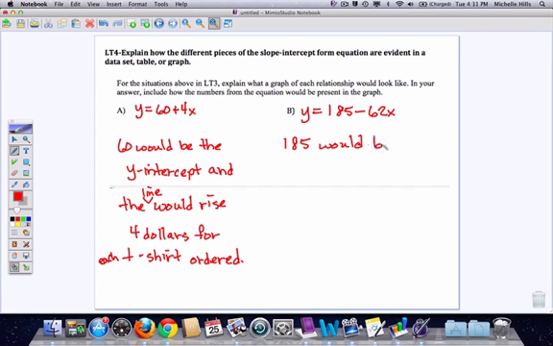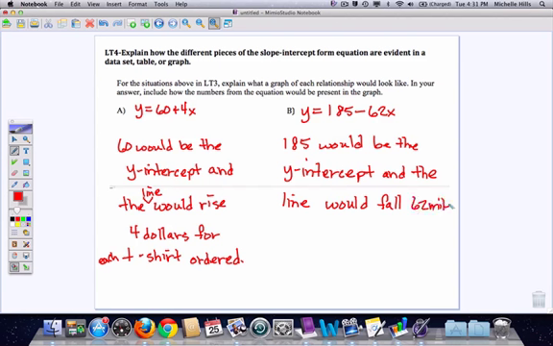It would be the y-intercept, and the line, it's not going up anymore, so it's not going to rise. The line would fall 62 miles for each hour.